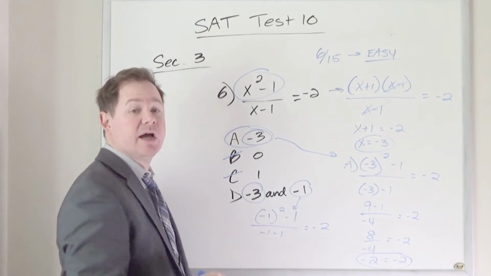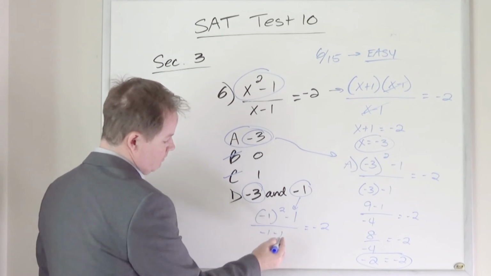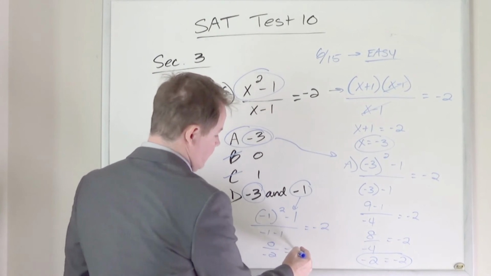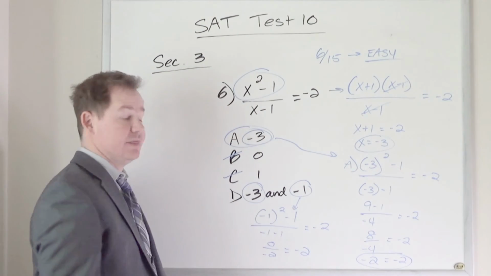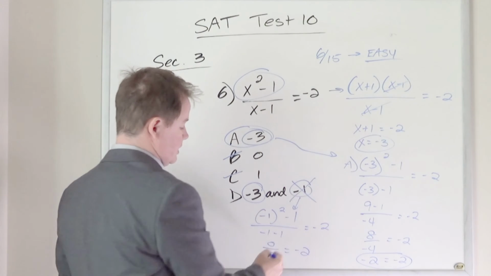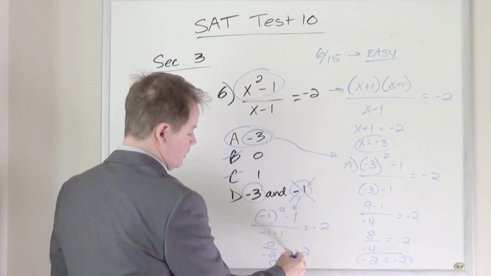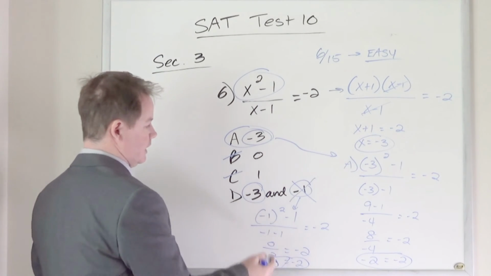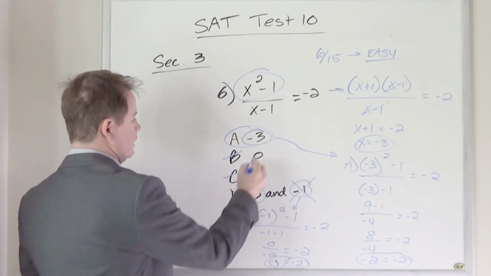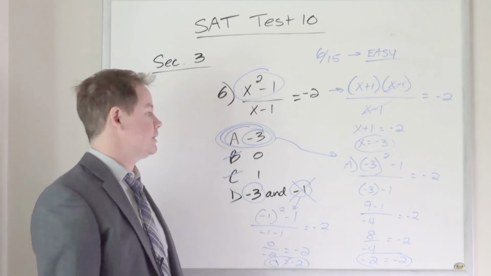Negative 1 squared is a positive 1, and 1 minus 1 is 0. Negative 1 minus 1 is negative 2. And 0 divided by anything, hopefully we know, comes out to be 0. And 0 is not equal to negative 2, so we can eliminate that as an option and go ahead and pick answer choice A and be done with our question.